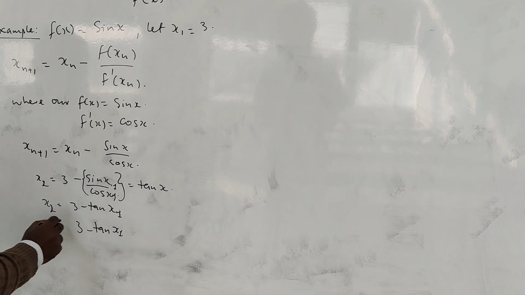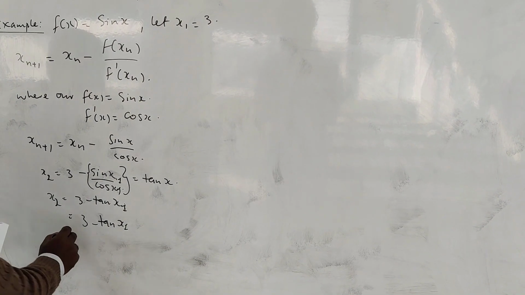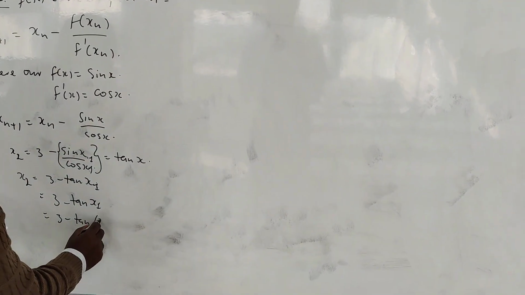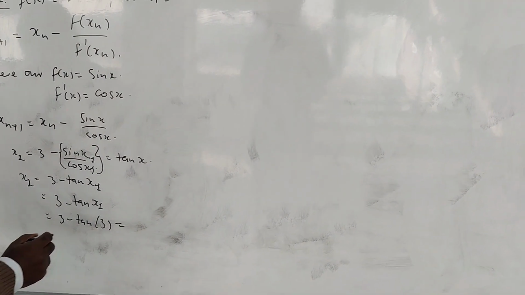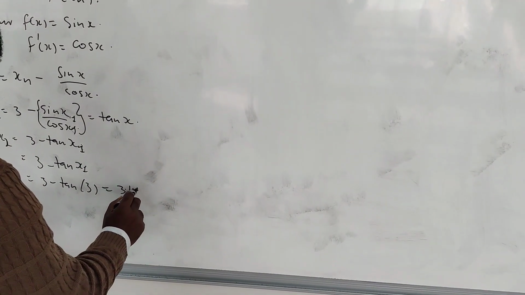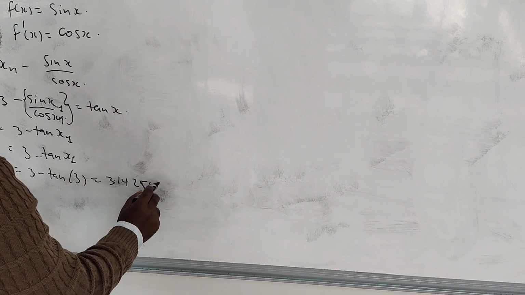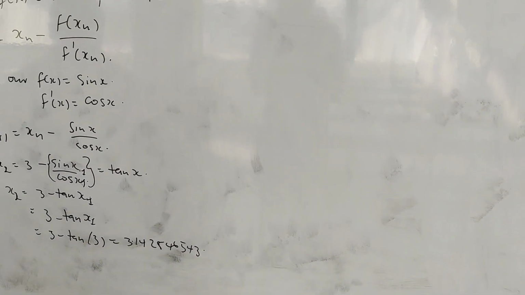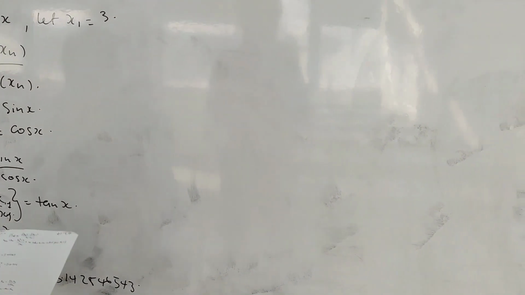The equation has been made simple. So we have 3 minus tan of 3, which is equal to 3.142546543. Now we'll continue in this pattern to determine our x3.